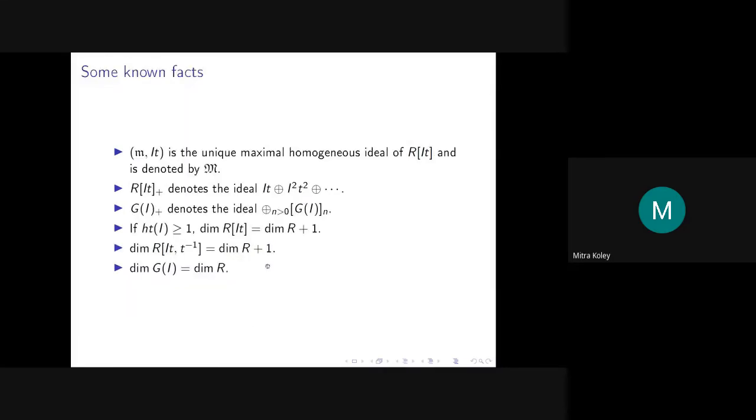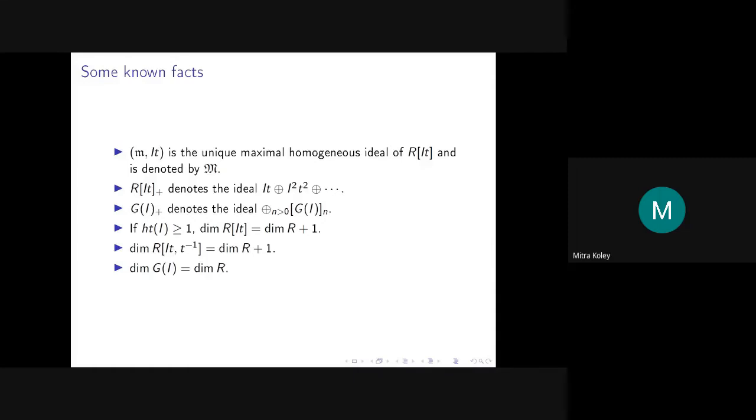Note that the Rees algebra has a unique homogeneous maximal ideal generated by m and It, and we denote the homogeneous maximal ideal by script capital M. R[It]_+ denotes the ideal of the positive part, such as It direct sum I^2 t^2, and so on.